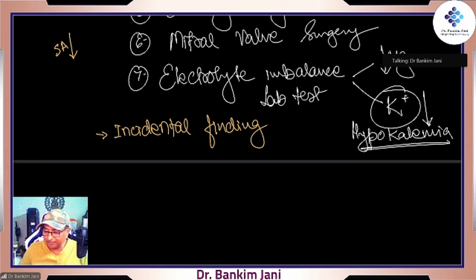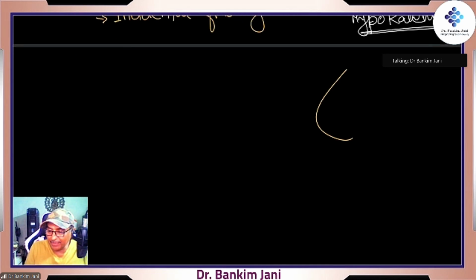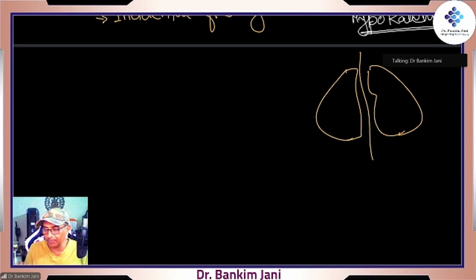Say for example, very interestingly, we talked about this last time. The vagus passes via the mediastinum. So when you breathe in, the vagus nerve is stimulated because the lungs expand.